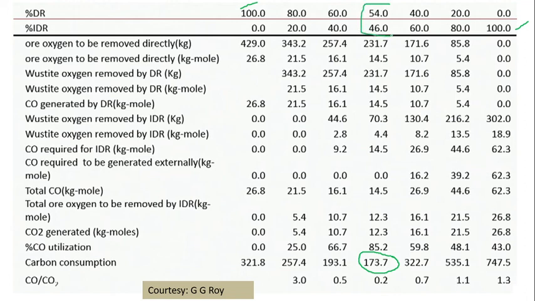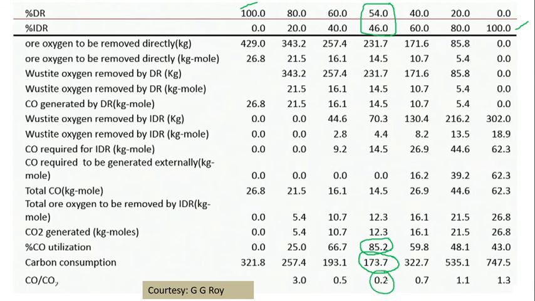This is the optimum one, which uses the minimum amount of carbon, that means 174, and maximum CO utilization, that is 85%. Along with that, the CO by CO2 ratio is also minimum, about 0.2.